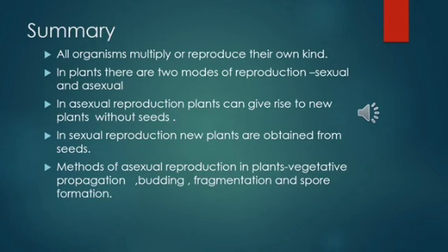In sexual reproduction, new plants are obtained from seeds. The methods of asexual reproduction in plants are vegetative propagation, budding, fragmentation, and spore formation. So these are all the important points that you have to remember, and you have to remember all the examples given for the different types of asexual reproduction.